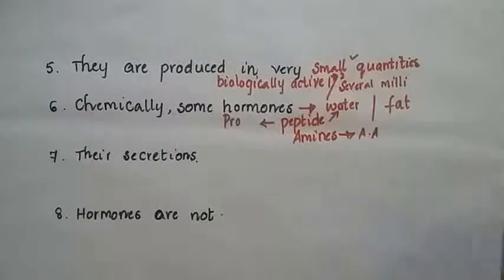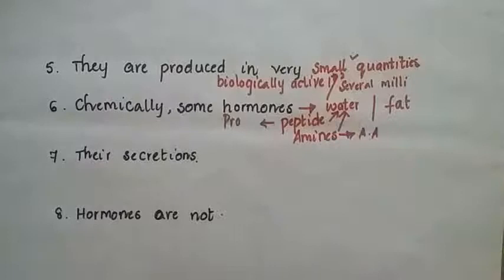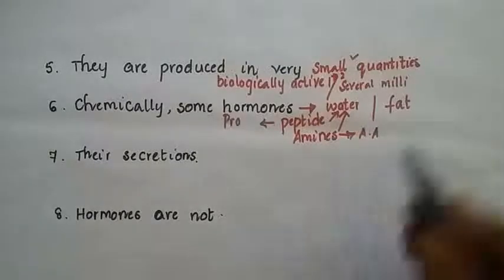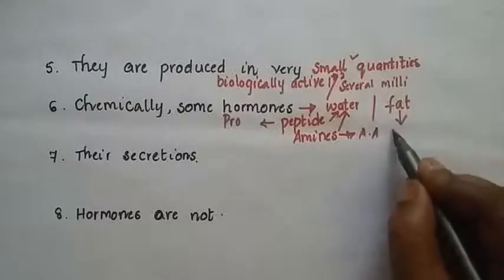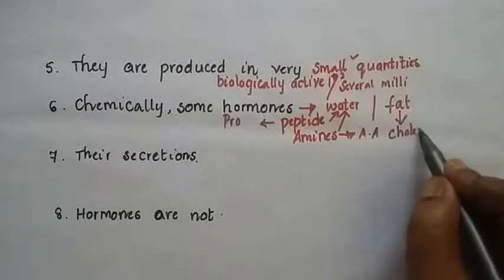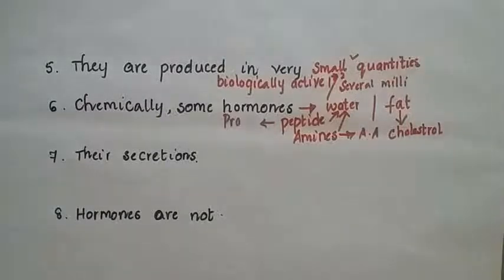So some of the hormones are chemically made up of amines, which are also soluble in water, whereas there are certain hormones which are fat soluble, which are derived from cholesterol, and they require a fat medium to carry out their function.